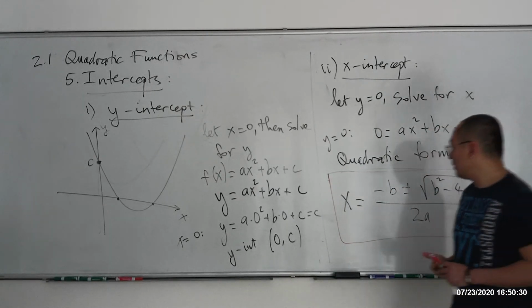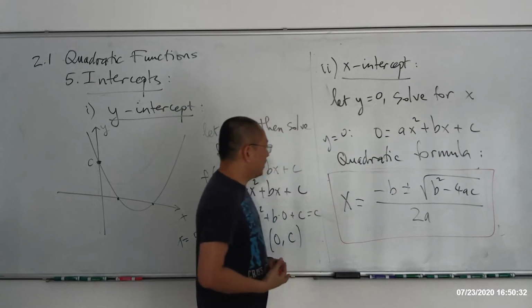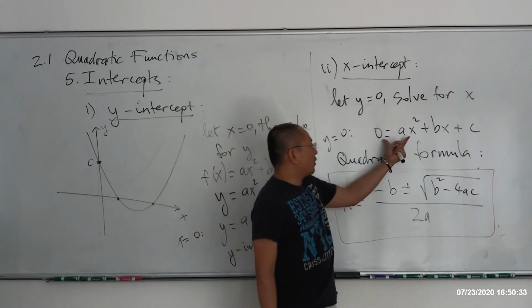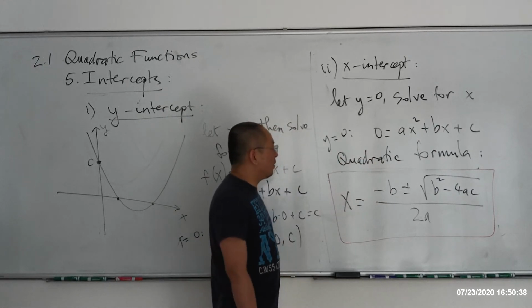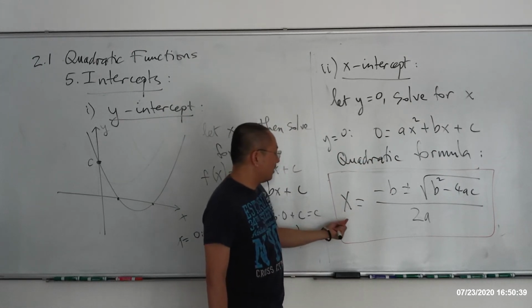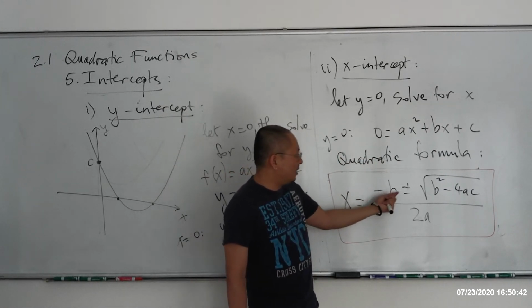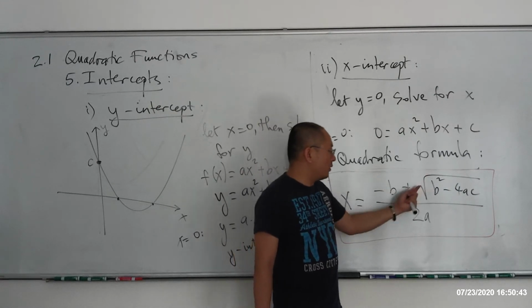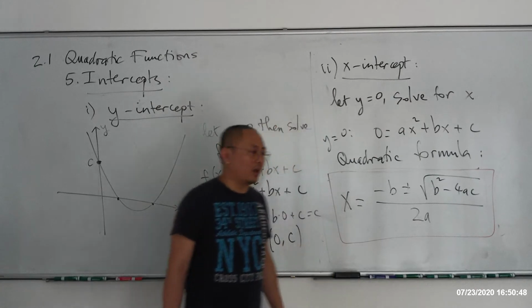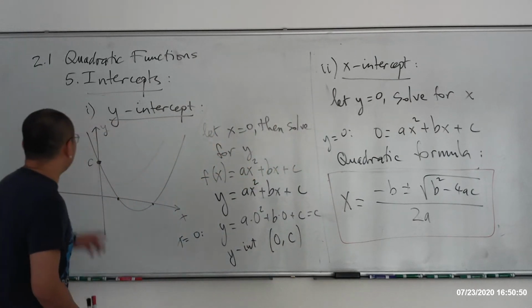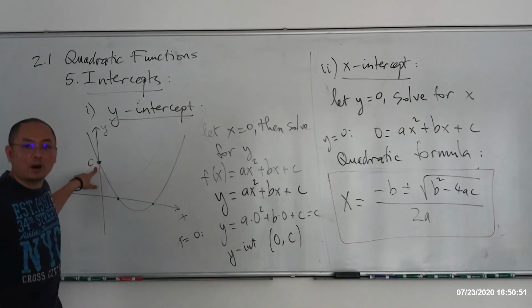Okay, one more time. If you have a quadratic equation ax squared plus bx plus c equal to 0, then you can always solve for x using the formula. X will be equal to negative b plus or minus the square root of b squared minus 4ac, all over 2a.